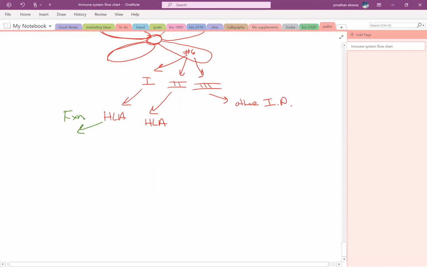Okay, the function, the HLA function is to present different protein fragments called peptides at the surface of the cell.